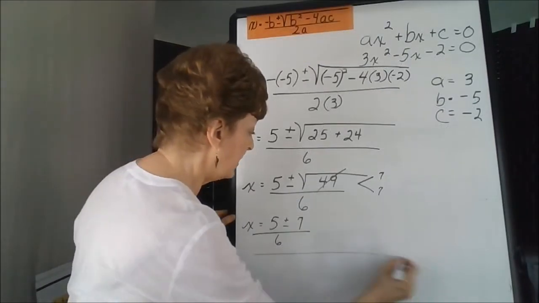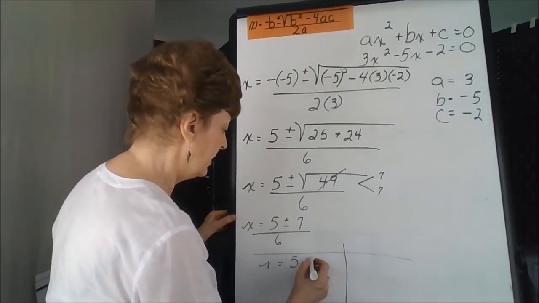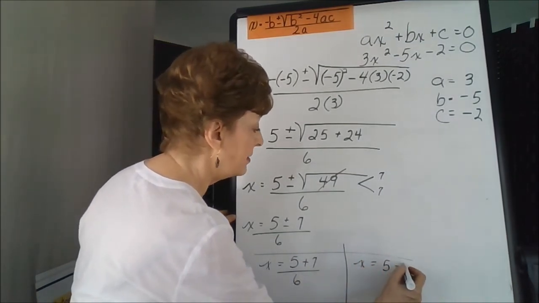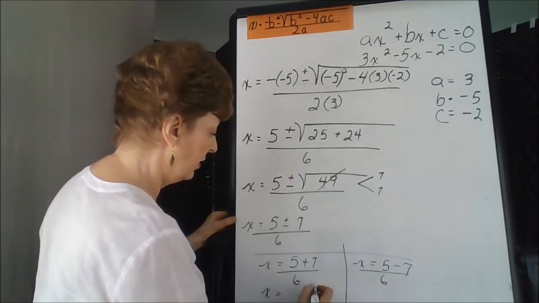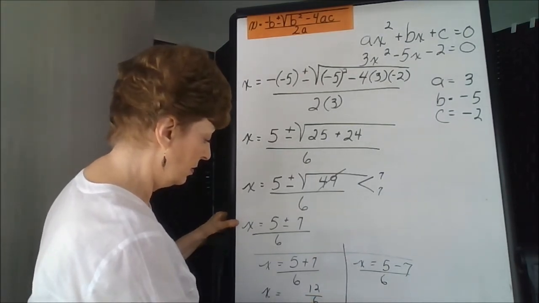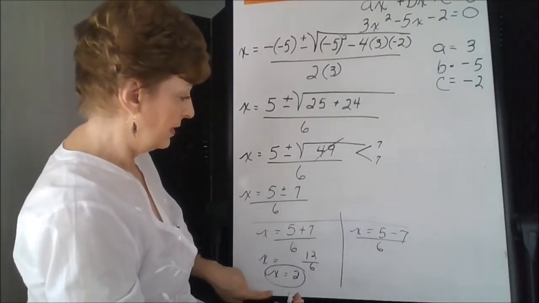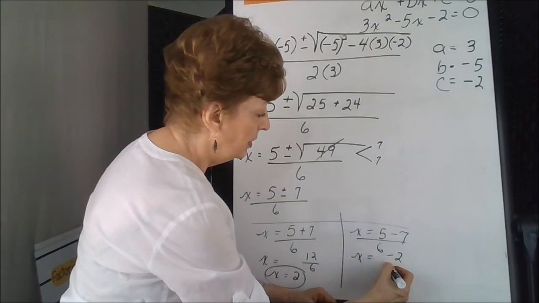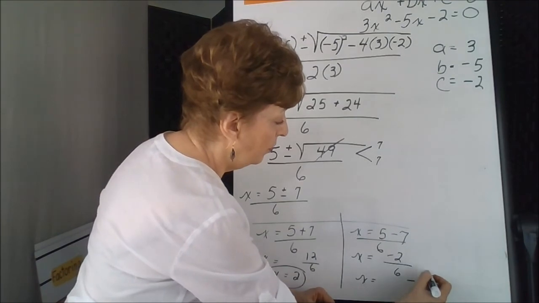Two solutions are possible. x is equal to 5 plus 7 divided by 6, and x is equal to 5 minus 7 divided by 6. x is equal to 12 divided by 6, which is x equals 2. Over here, x is equal to negative 2 divided by 6, so x is equal to negative 1/3.